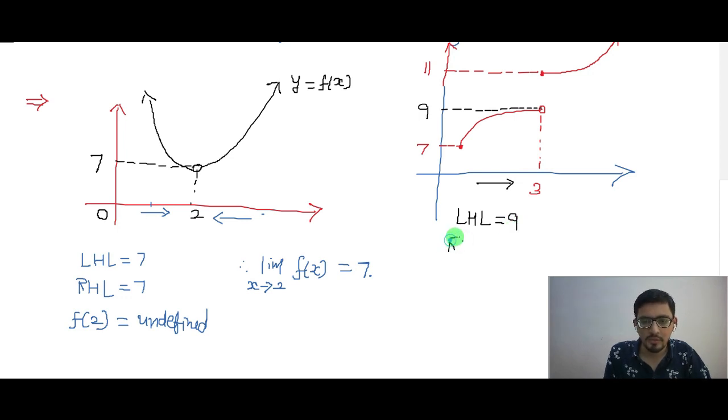Second thing what we can observe here, RHL. So if x is approaching to 3 from the right side, corresponding y is approaching towards what? 11. So RHL is what here? 11. So very clearly you can see for this function, if I'm asking does left hand limit exist, your answer will be yes. And what is it? 9. Does right hand limit exist, your answer will be yes.